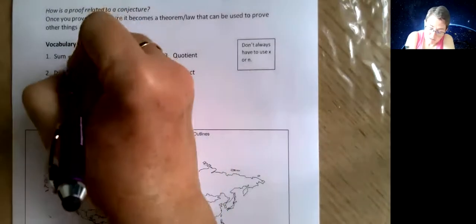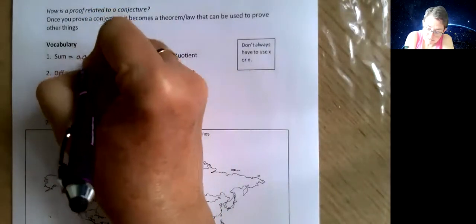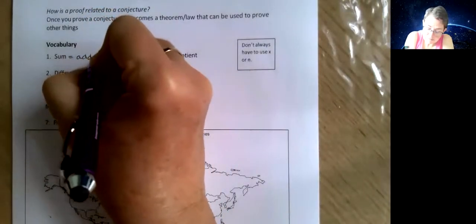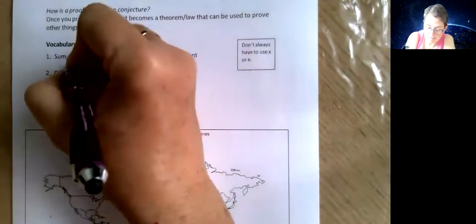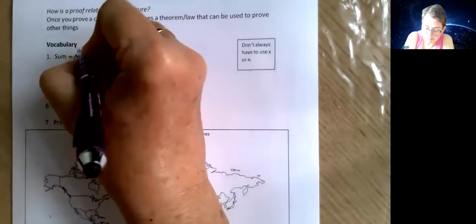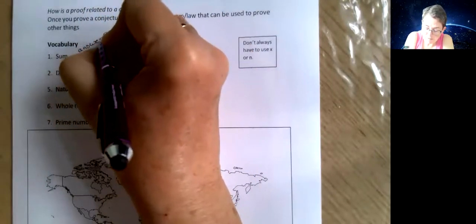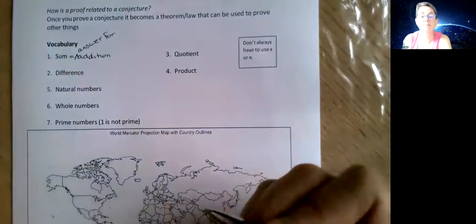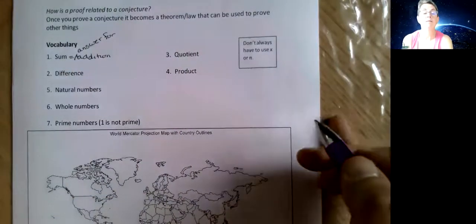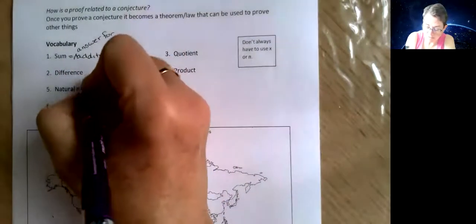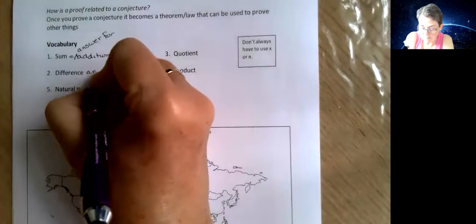Sum is the answer when you're doing addition. Oops, I should put the answer there. Well, that got all messy. But I think you guys can see better when I use my pen. Difference. Answer for subtraction.